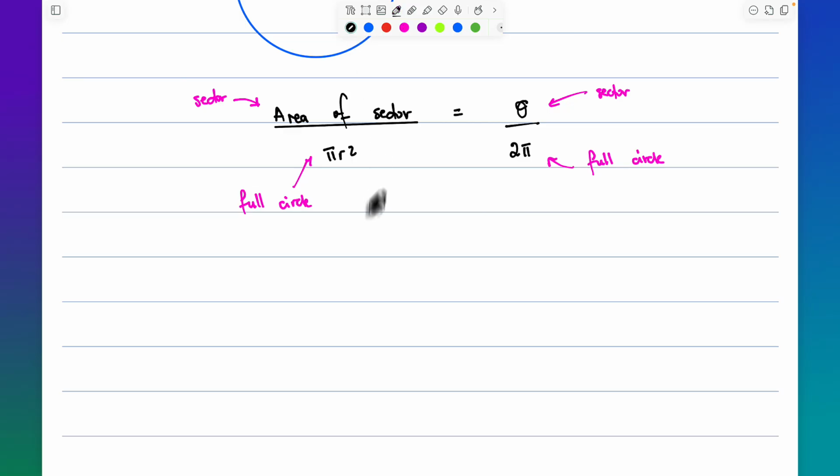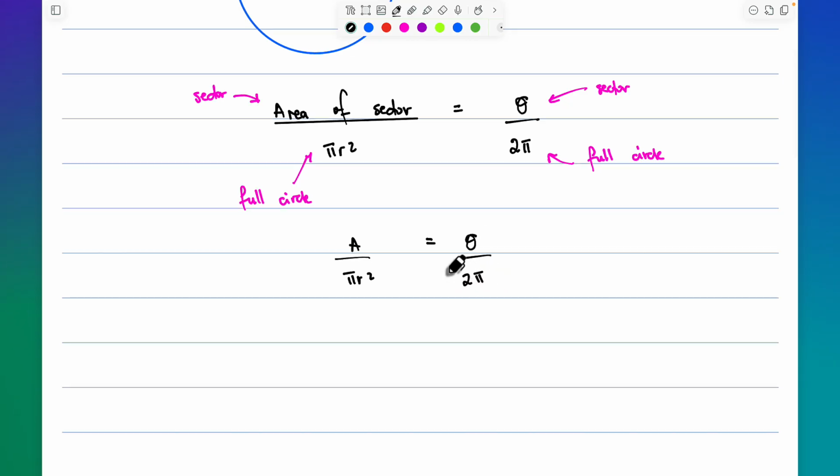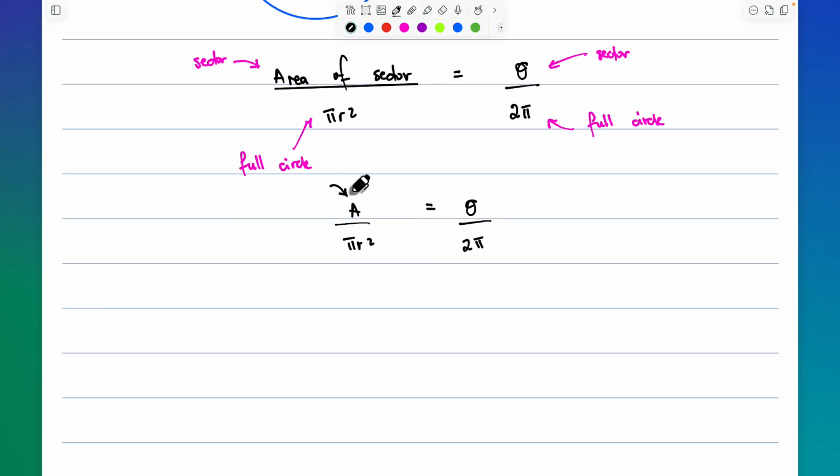So we're going to rewrite this as A over pi r squared is equal to theta over 2 pi. Now we're trying to find the equation for A, so we multiply both sides by pi r squared. It cancels the pi r squared on this side, and you have to do that to the right hand side as well.